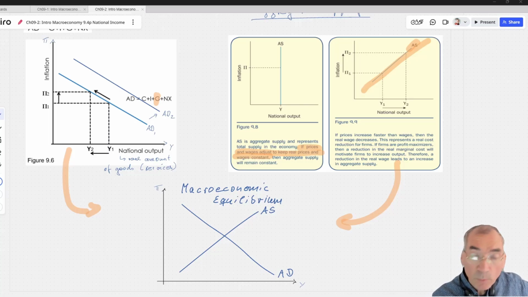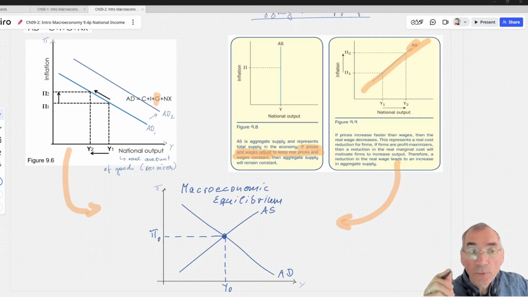If we have this upward sloping aggregate supply curve and the downward sloping aggregate demand curve, they are going to intersect in that point that we call equilibrium, which means at this equilibrium we get the level of inflation that leads suppliers and demanders to the same plans, and there is an equilibrium national income. Let's say pi 0 and y 0.